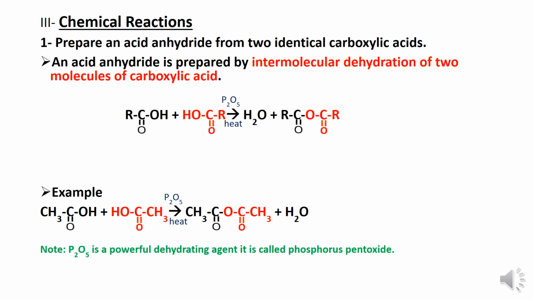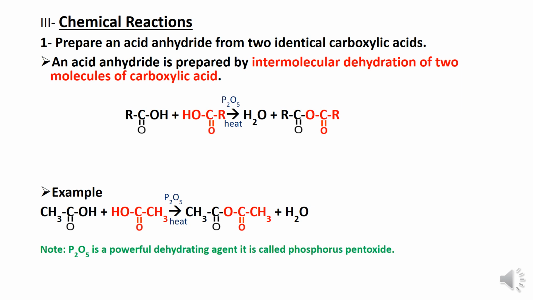Okay, and what is dehydration? It is the removal of water. It is the opposite of hydration. In hydration, you have the addition of water. So, what is going on here?